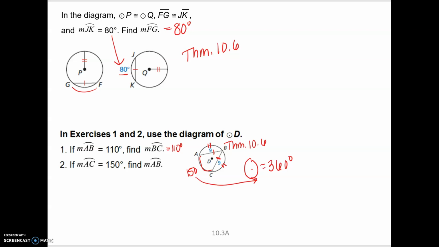So I'm going to subtract away the part that I know for AC, and I get 210. Then each of those arcs, AB and BC, should be the same, so we're going to take 210 and divide that by 2. So we get 105 for each arc. So arc AB is 105 degrees.